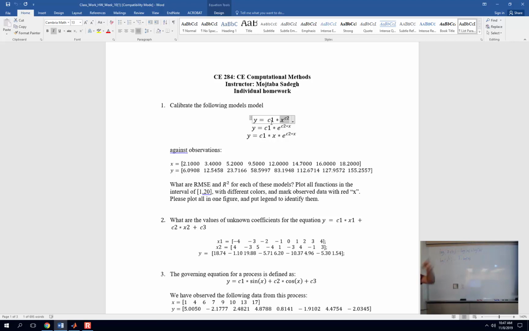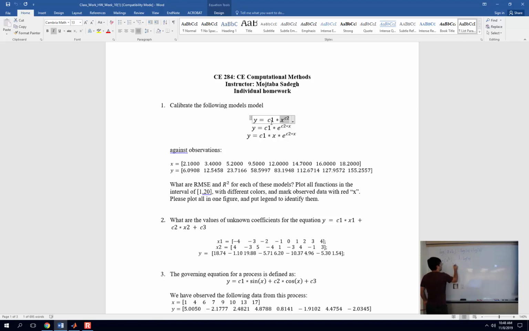Now, can I use log to linearize that equation? How do I do that? I need to take log from both sides. I have to transform both sides based on log transformation.